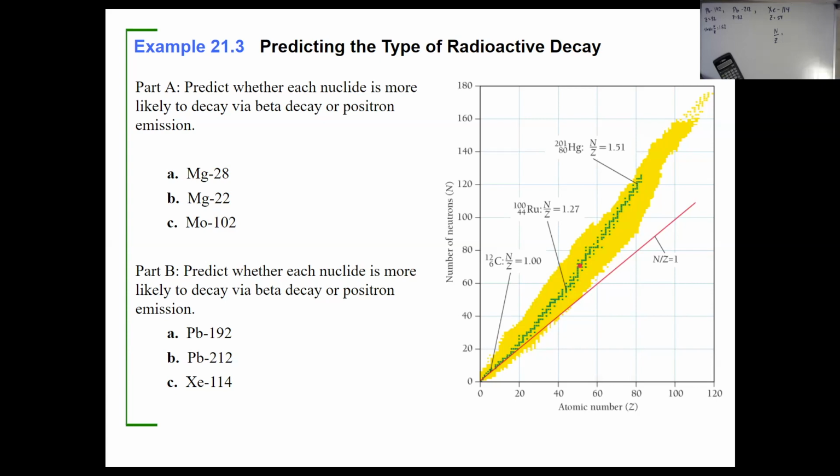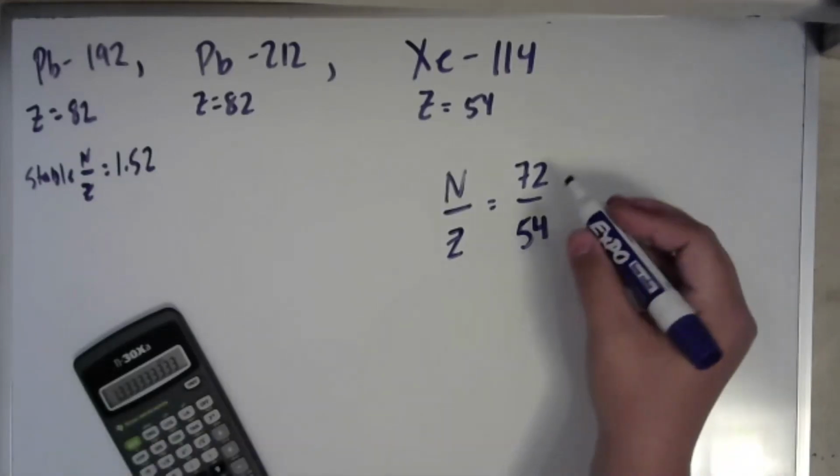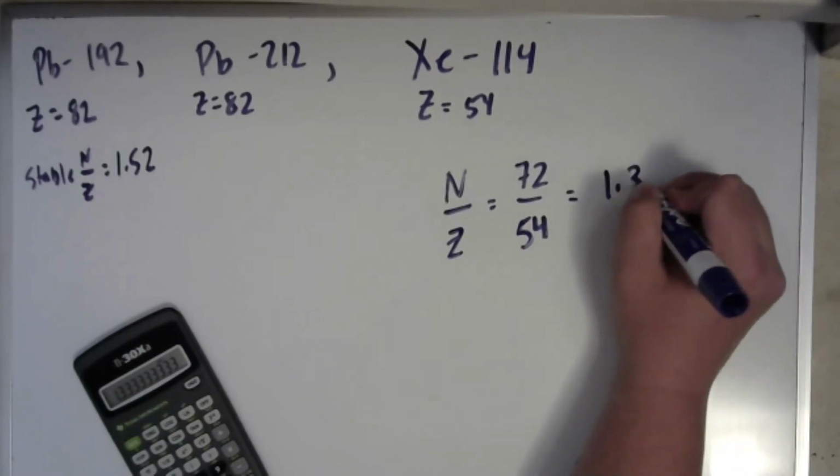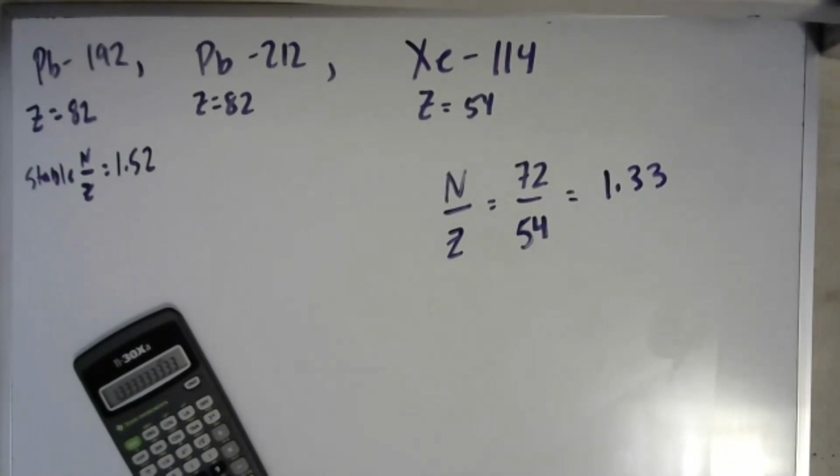Right around here, where we have a Z value of 50 something, if we trace that back to our y-axis, the N value is going to be somewhere in the 70s, maybe 72. We're kind of estimating, but that's all right. Based on our estimation, we should have a stable region for the xenon at around 1.33. So these are going to be our goals.